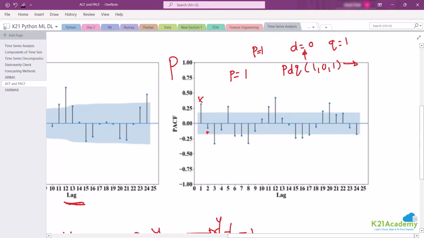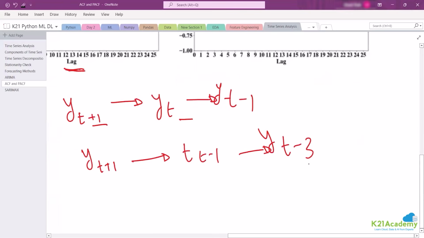Now if the forecasting is very close, then we'll finalize these pdq values. Suppose we are having some values of y over here.